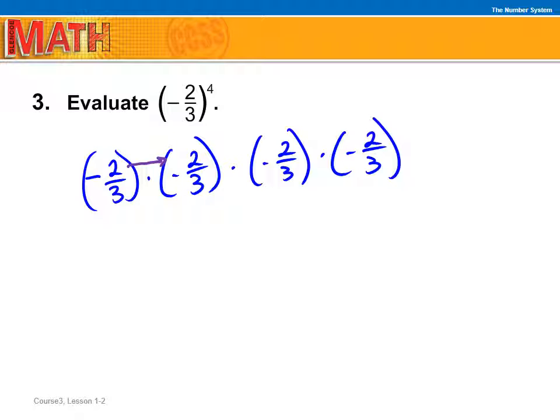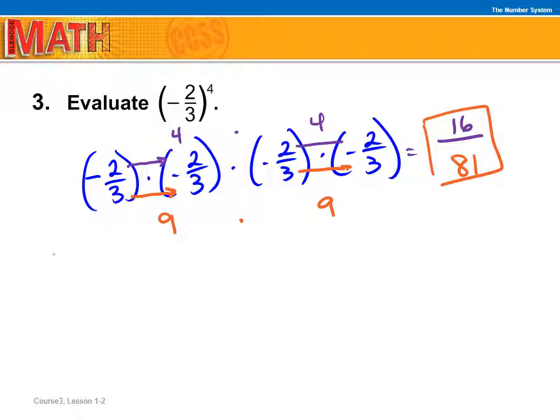Negative 2 times negative 2 is positive 4. And we know the same thing over here, negative 2 times negative 2, positive 4. Multiply 4 times 4, we get 16 as our numerator. Do the same thing in the bottom, 3 times 3, which is 9. Over here, 3 times 3, which is also 9. Combine them together, we get 81. 16 over 81.